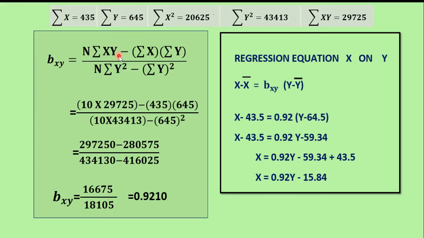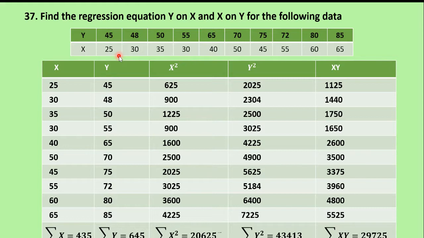So you have to find x square, y square, and xy. Going back to the tabular column, the values x and y are given. You add up all the x to find summation x, and add up all the y to find summation y. Next, the formula has sigma x square and sigma y square, that's why we are finding x square. So what is your x square? 25 into 25, 30 into 30, 35 into 35, 30 into 30, 40 into 40.